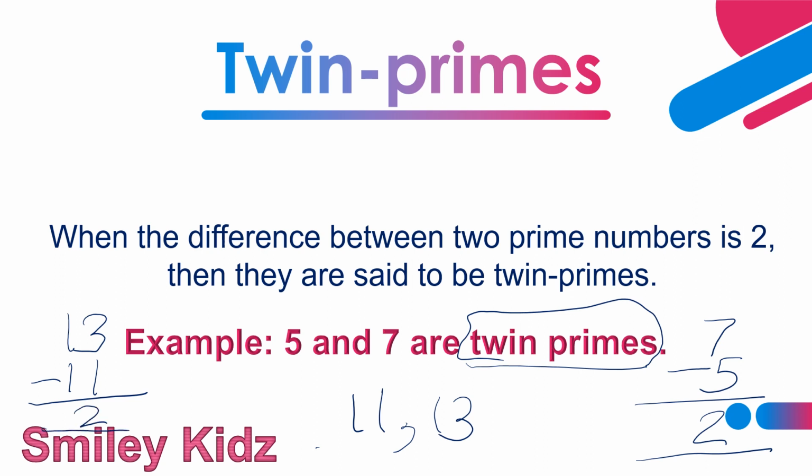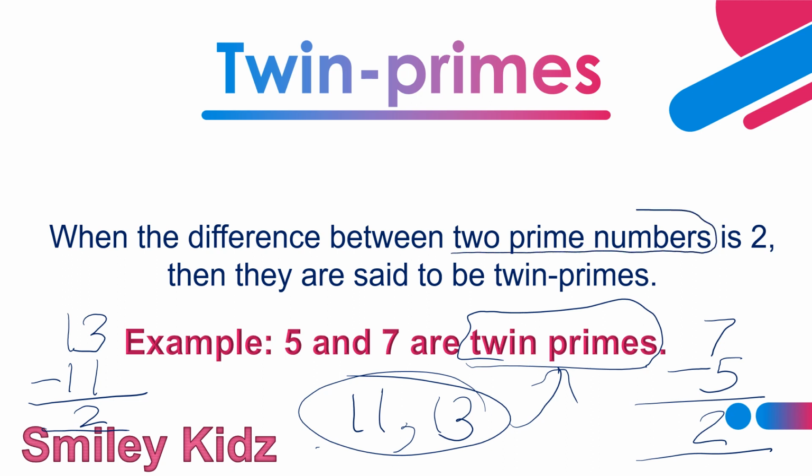So 13 and 11 are twin primes. I will repeat it to you once again. When the difference between two prime numbers is 2, then they are said to be twin primes.